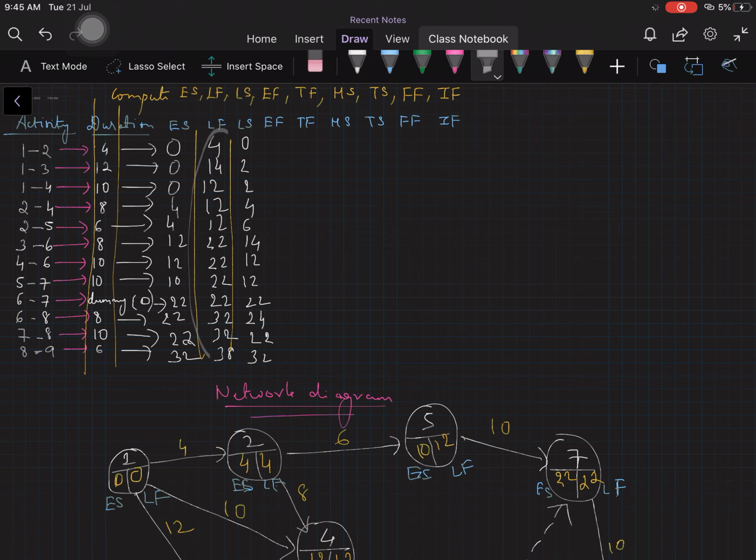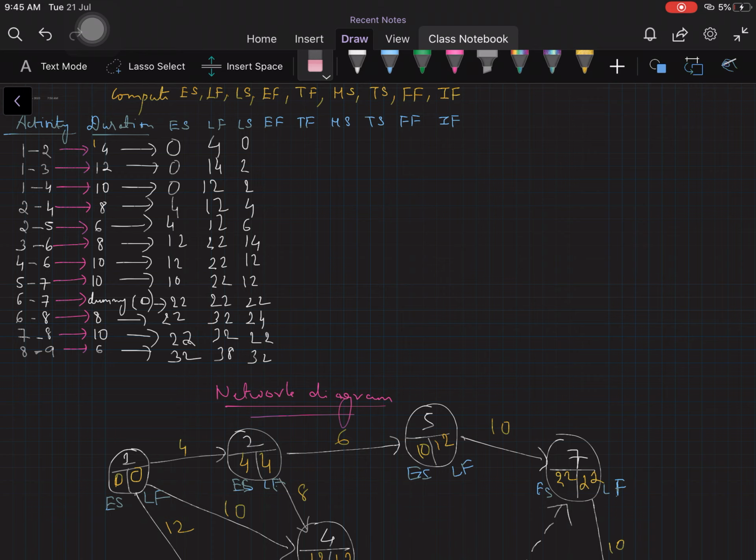Late finish minus duration gives us this late start. Okay. Remember that. Let me erase these golden lines. So we have filled late start also.